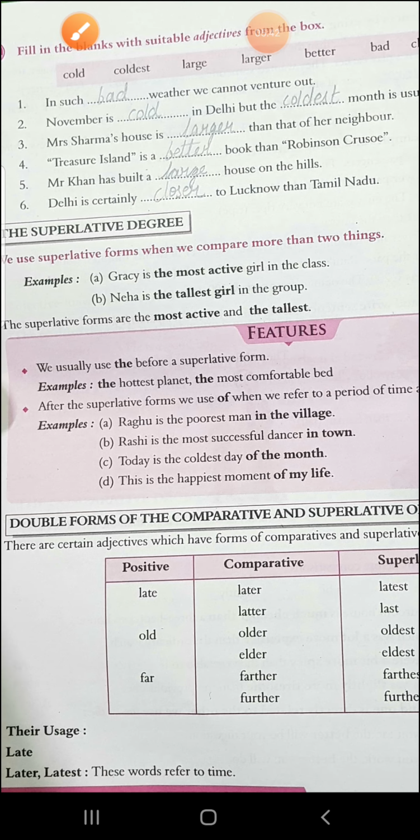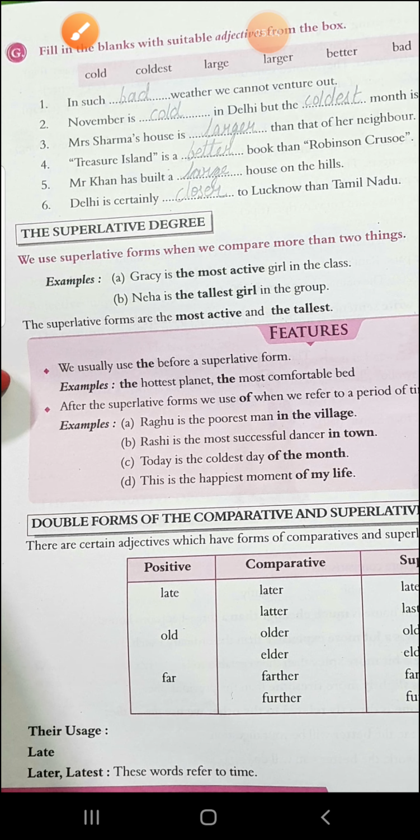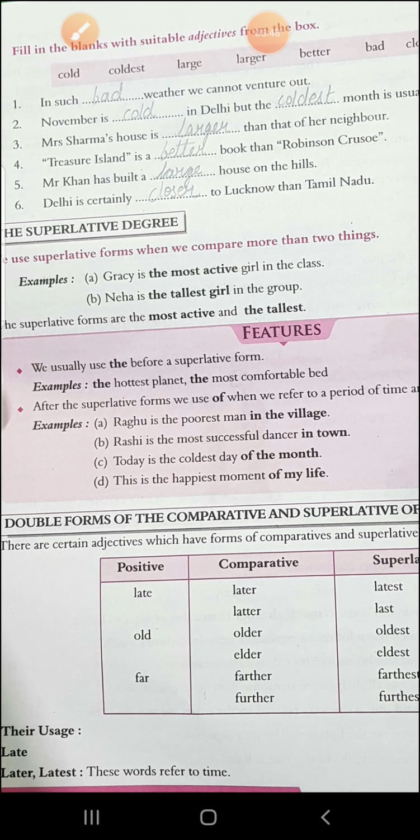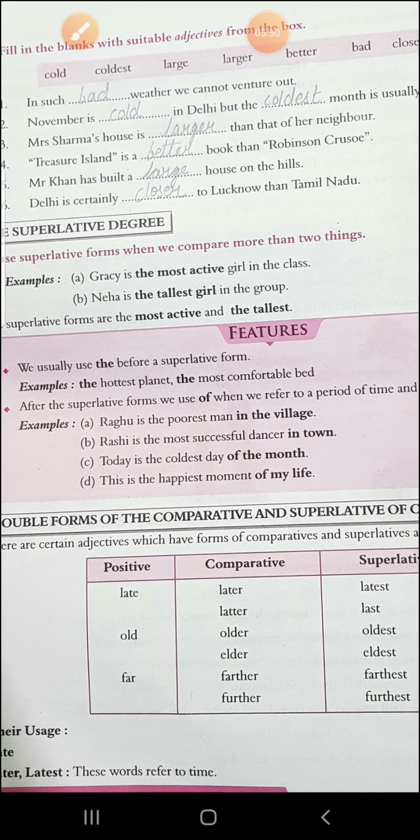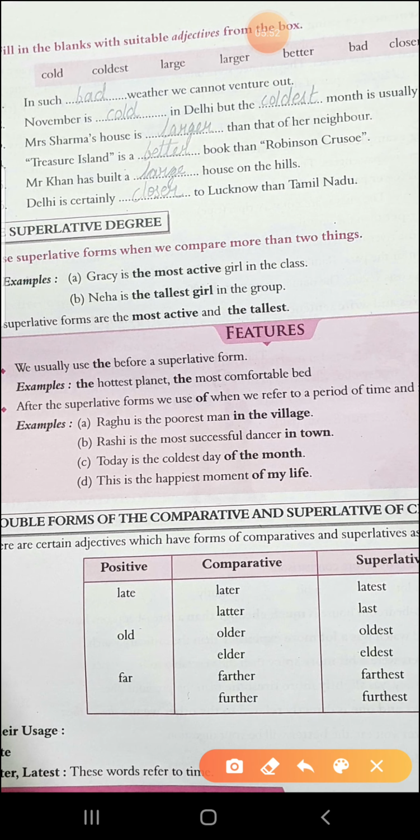That is why I told you that in superlative degree you will always find this word the. Now read these features. We usually use the before a superlative form. Example, the hottest planet, the most comfortable bed, in this way.